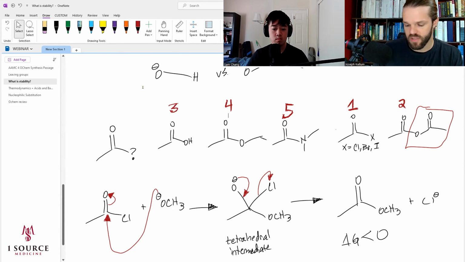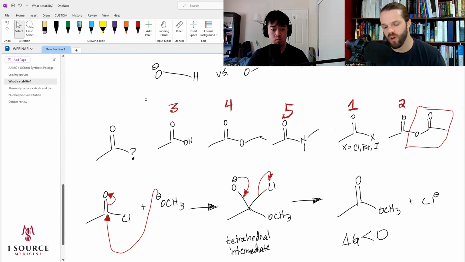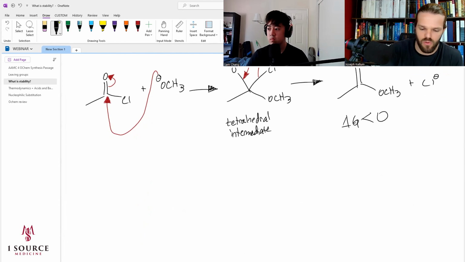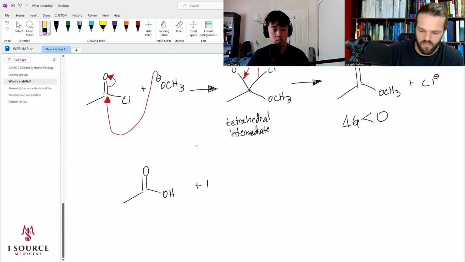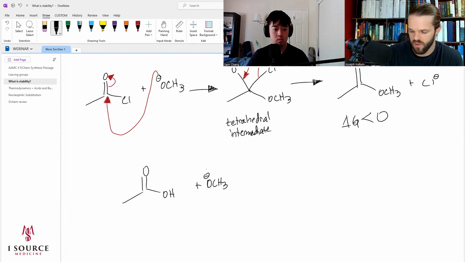The reason this is important is, for instance, if we had drawn a reaction, it could ask you about a reaction where we have a carboxylic acid plus some alkoxide like I just drew a second ago, some like OCH3 minus, and they could draw this complex with sodium and say that this is at equilibrium with this thing, right?